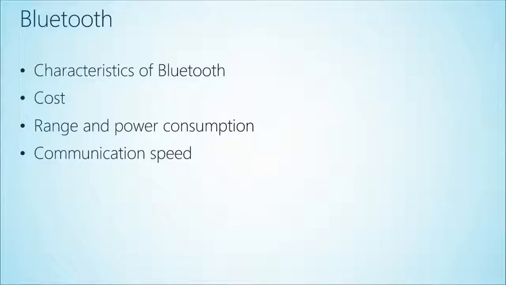And how does RF compare to Bluetooth? That's what we want to talk about next. Yeah, so with Bluetooth, the range is the big deal, right? Bluetooth is about 30 feet, 32, 33 feet. It's a huge difference there. Cost, it's probably comparable. You might be able to get some Bluetooth modules that are just a little bit less expensive. Your power consumption is going to be low, and then device compatibility is the big thing, right?